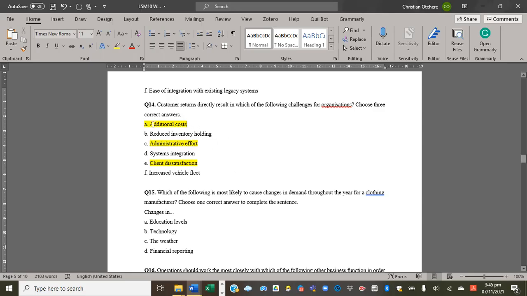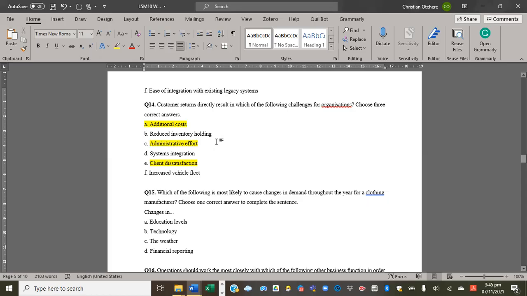So additional costs, because we know the cost of getting these goods back to the organization is higher than the cost of even distributing them. Administrative efforts. Even when you receive, yes, even the return policy, right?